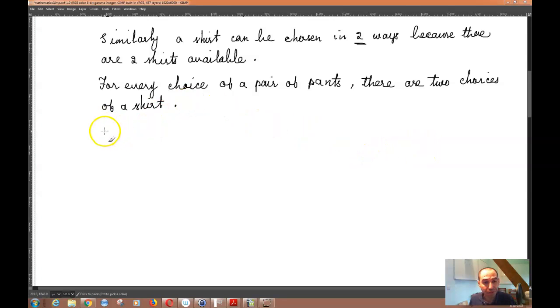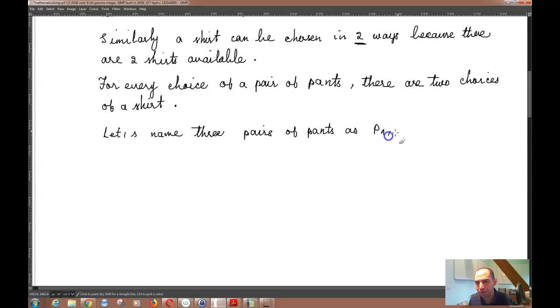So for example, let's name the 3 pairs of pants as P1, P2 and P3, and the 2 shirts as S1 and S2.